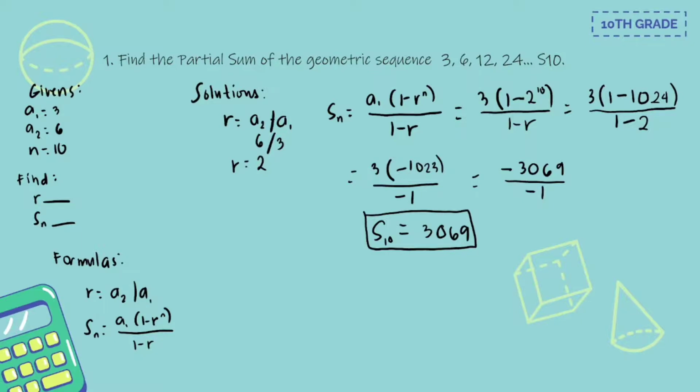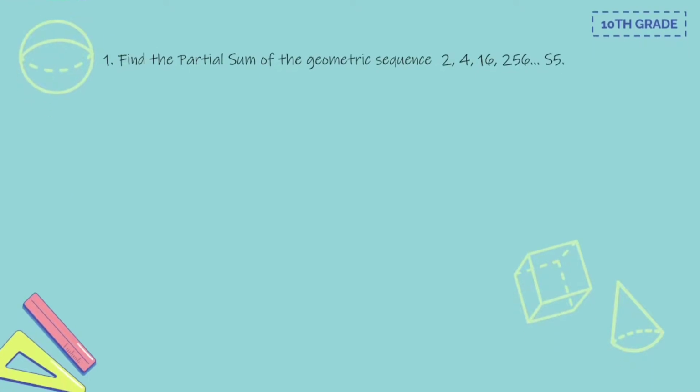So next, number 2. Find the partial sum of the geometric sequence 2, 4, 16, 256 where n is 5. So first thing we're gonna do is the givens.